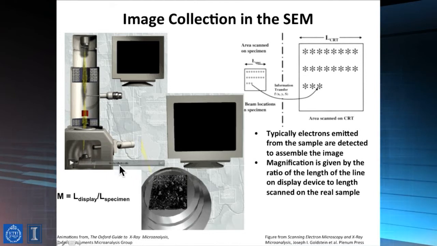And then what we do is we scatter electrons from this sample, and we have a secondary electron detector, which is shown here, which then images those electrons. And then as we interrogate a sample point by point, we take those electron intensities that are read at the detector, plot them point by point, and we have an image.